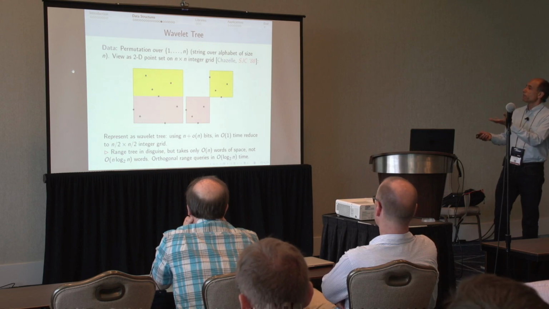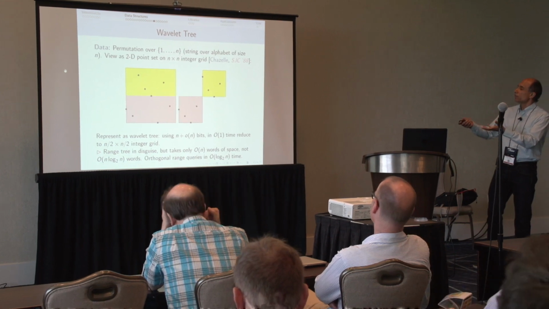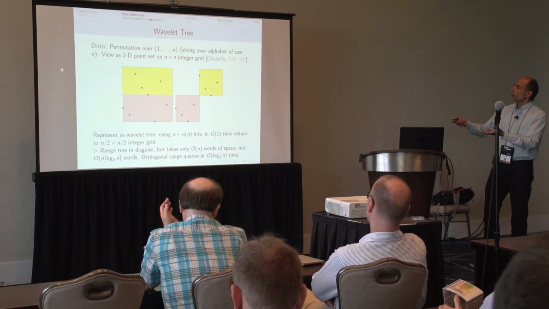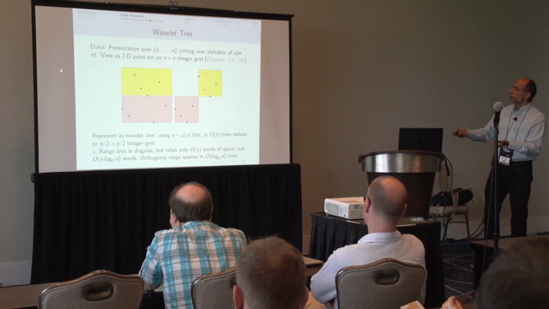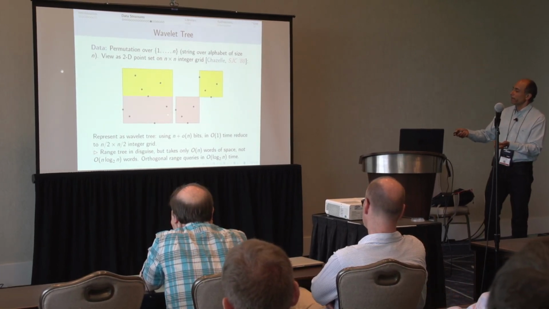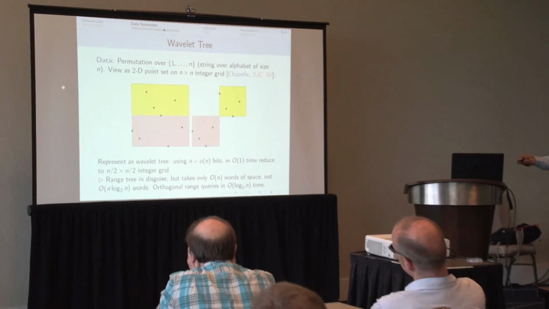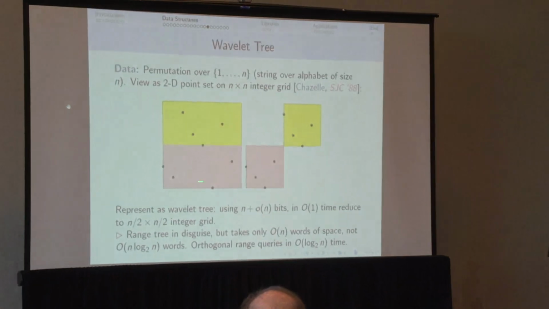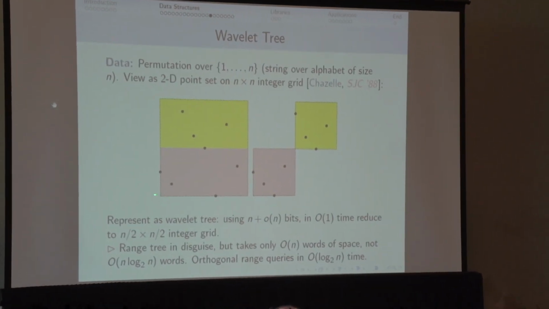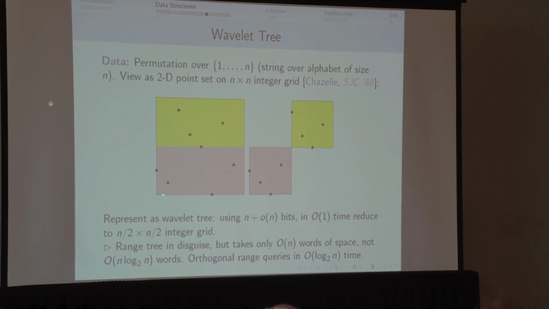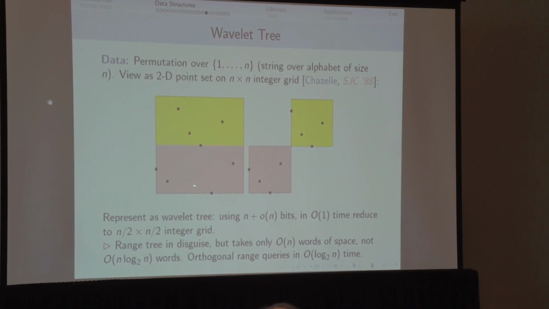For example, if I've got a permutation over 1 to n, this thing on the left over here, it can be viewed as a 2D point set. This is where the first element of the permutation is mapped, this is where the second element is mapped, and so on.